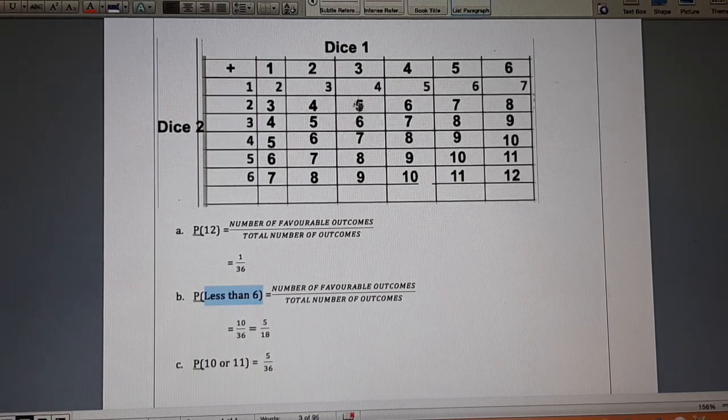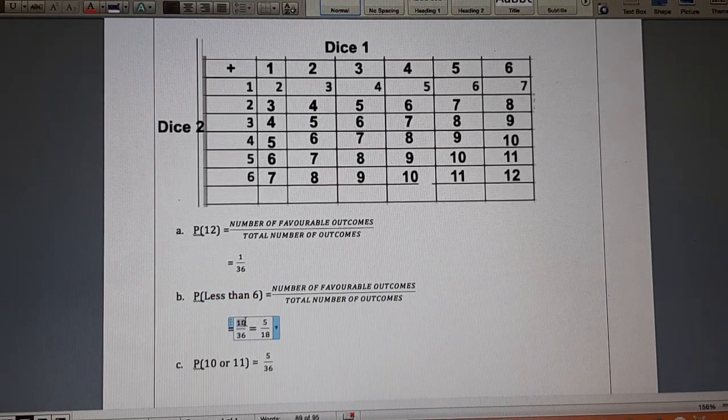Then 3, 4, 5 are less than 6. So now we have got 3 more, and with the previous 3 that is 6 outcomes. Then 2, 3, 4, 5 are less than 6. Adding these 4 to the previous 6, we get 10 outcomes which are less than 6. Total outcomes are 36, and simplifying gives you 5 over 18.